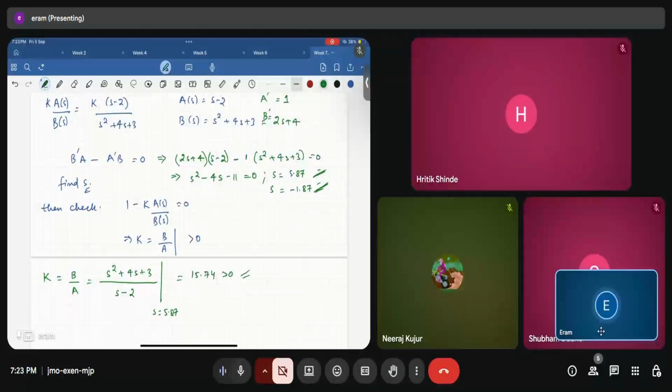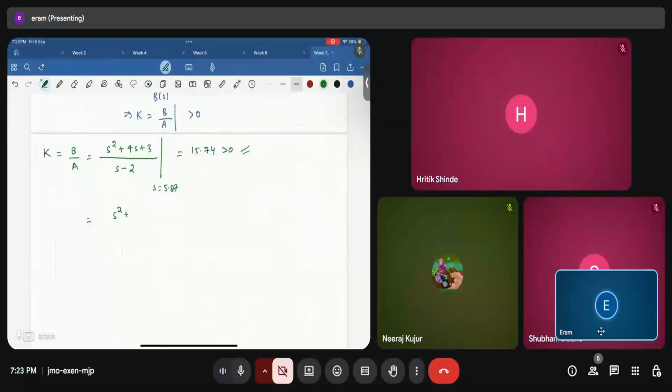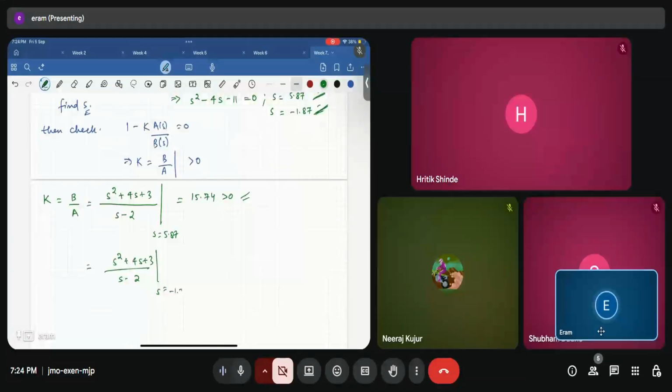And what will be the other point? Calculate k, s square plus 4s plus 3 divided by s minus 2 for s equals to minus 1.87. What k you will get? Please calculate.